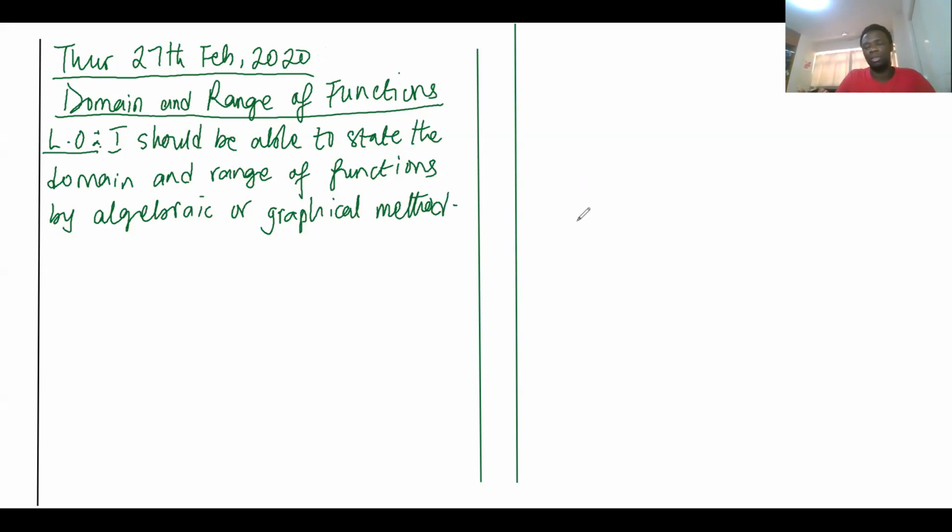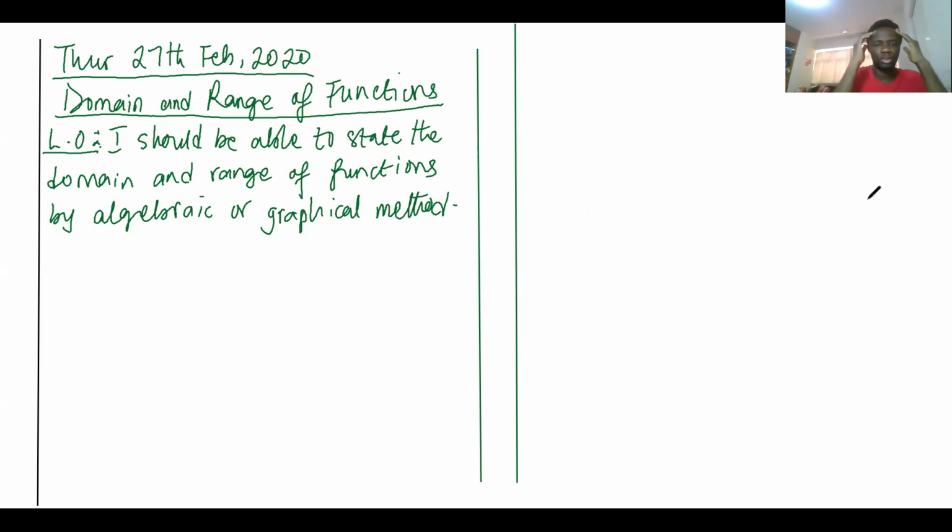Can somebody remind me what I said about domain last time? Domain of a function. Does anybody remember? Come on, guys. I don't want absolute silence. Do you mean how to find the function or what?